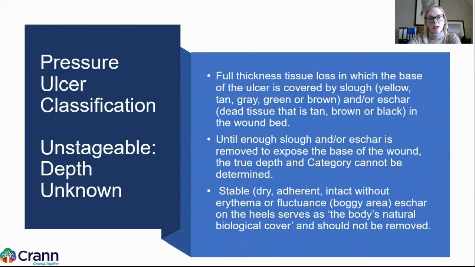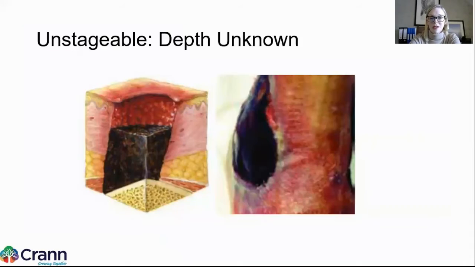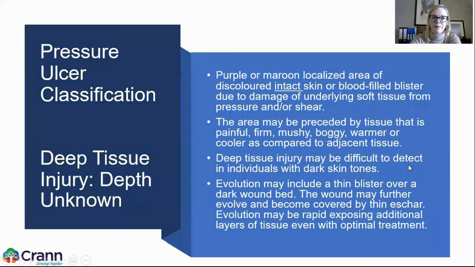The dead tissue can be tan, brown or black in the wound bed, and if there's so much of that there that you can't see past it, you may have to get that wound debrided or cleaned out first before you're able to tell what level or what staging it's at. So you can see here it's unstageable because all this dead tissue is still in the wound bed. If you were looking at that, you wouldn't know what's going on underneath. So basically it's unstageable because you can't tell what layers are involved.